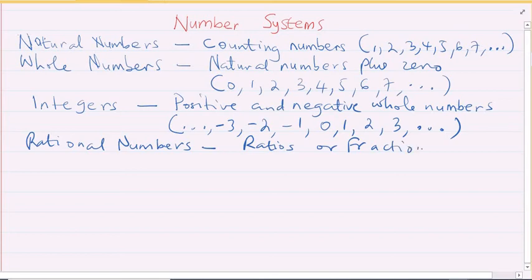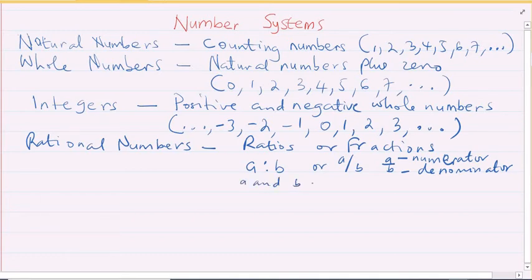Ratios or fractions can be written as A is to B or A over B. When we have them in fraction like A over B, A is the numerator, while B is the denominator. And A and B are integers.